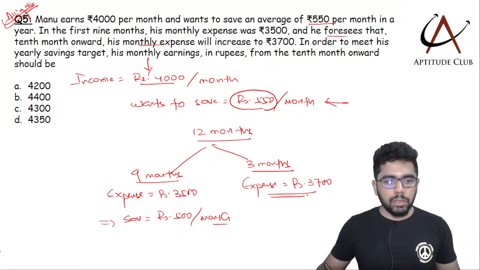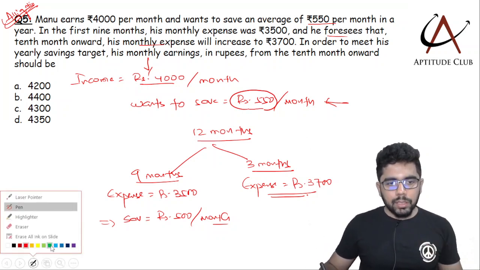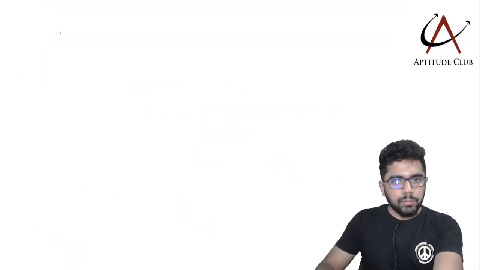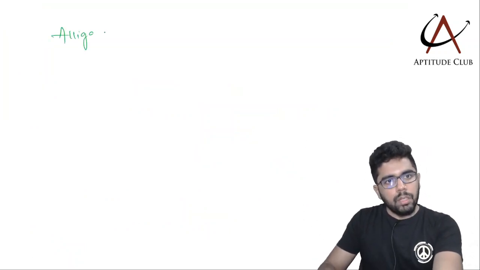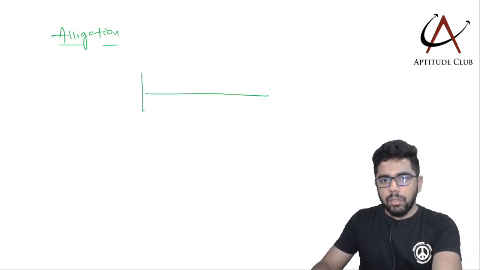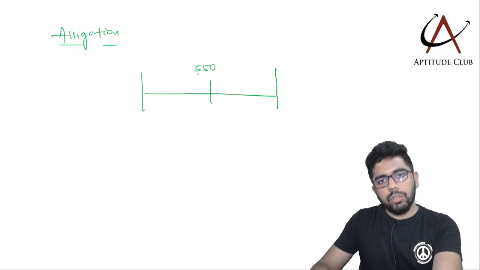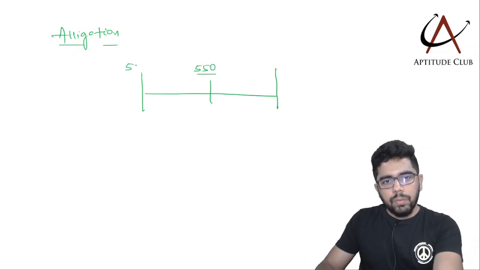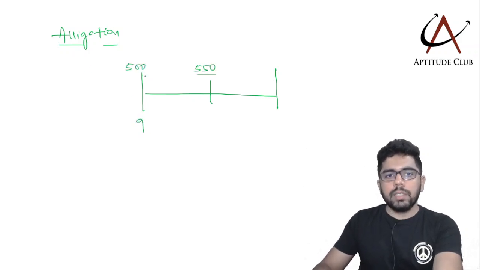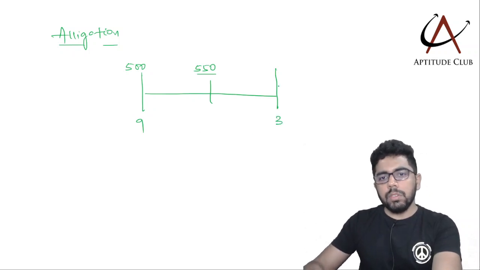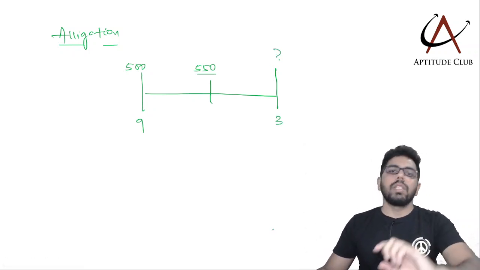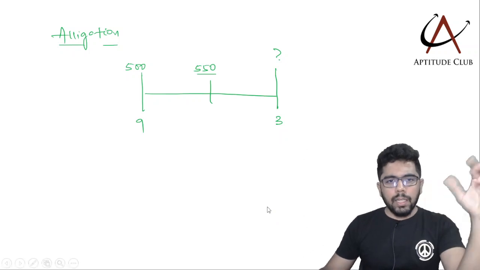So what should be done? Now beautifully we can apply allegation here. Let's see how. His overall savings should be 550. In the first 9 months he has saved 500. So for the remaining 3 months, what should be his savings? Let us figure this out first. Typical allegation problem.